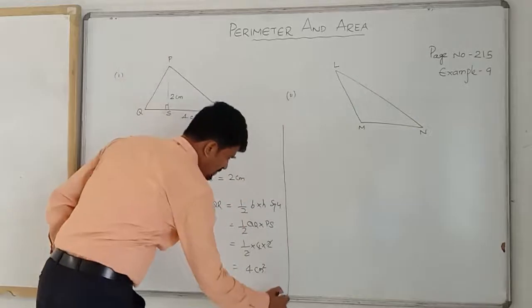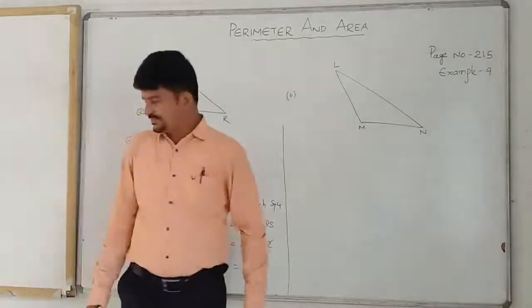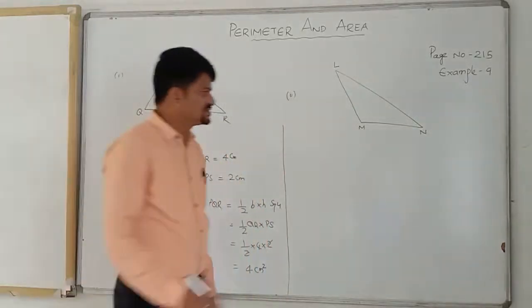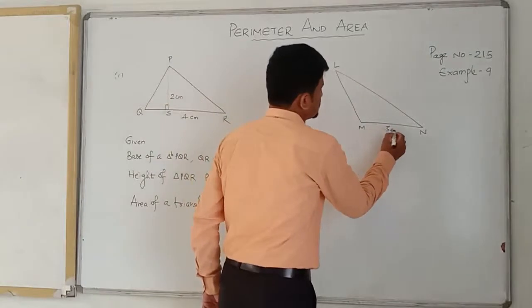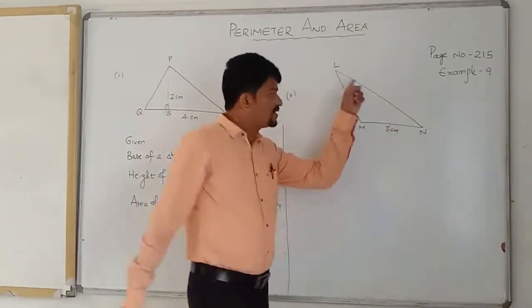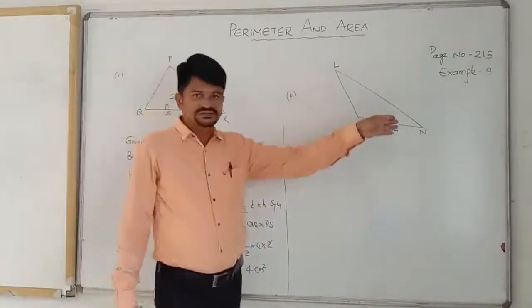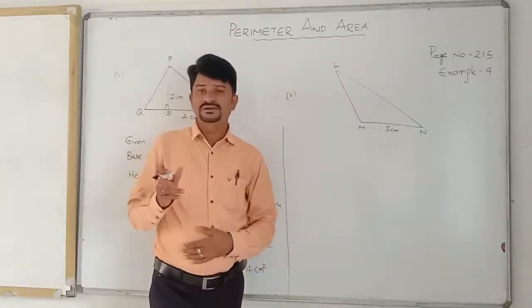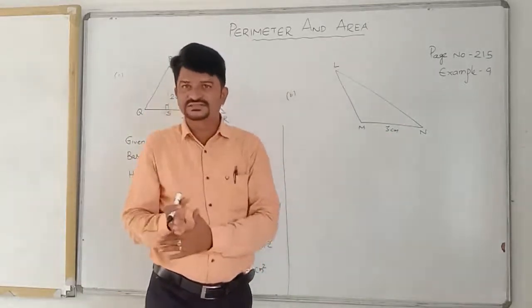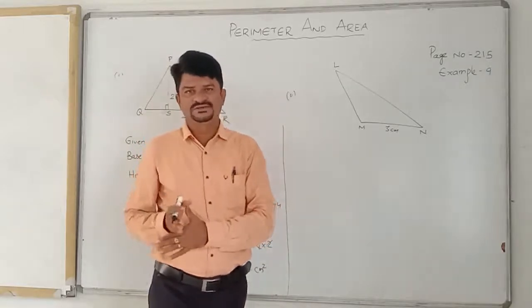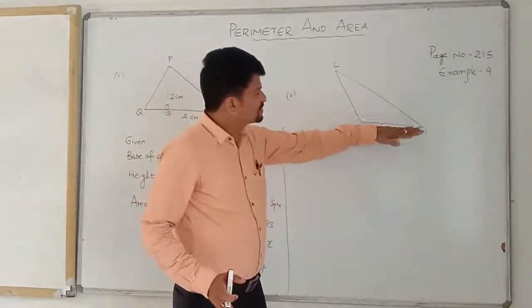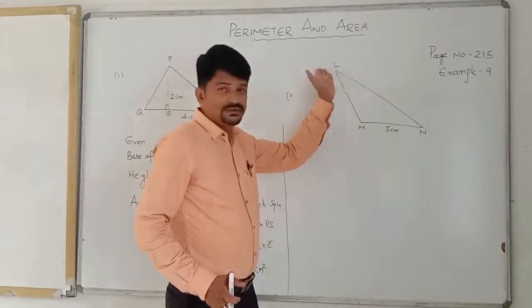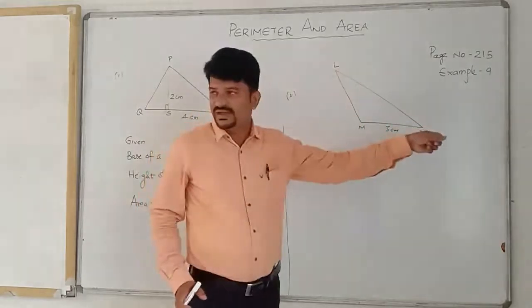Okay? But here the base LM is given as 3 centimeters. What can you consider as the height of this triangle? Height is always nothing but the perpendicular distance to the base. Here it is the base now. This should not be the height, and this should not be the height.